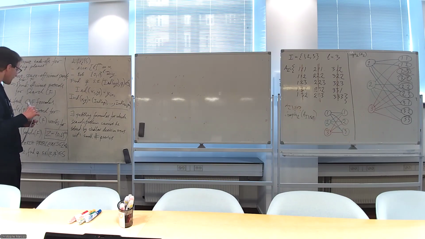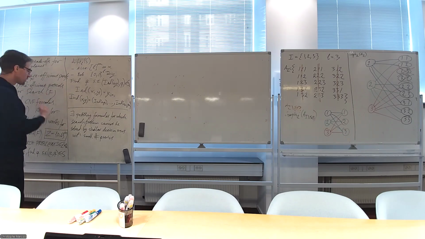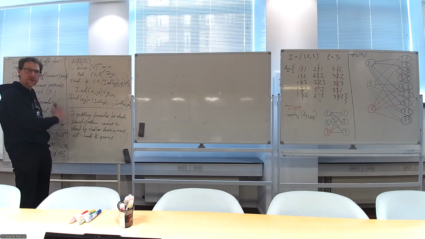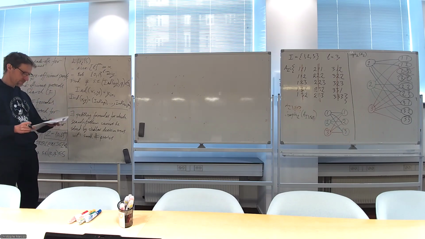is to connect communication complexity. So on the one hand, we're getting an amazing communication protocol, round efficient, for a lifted search problem. On the other hand, we know that there cannot be shallow query efficient decision trees. Okay?